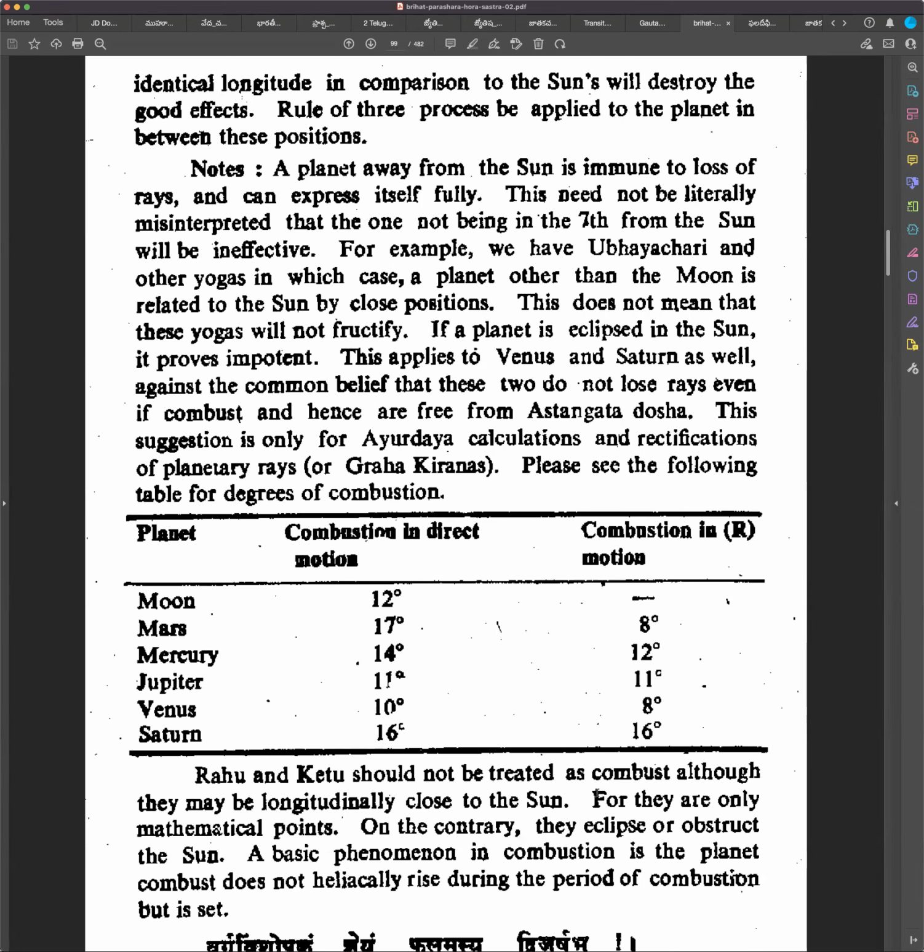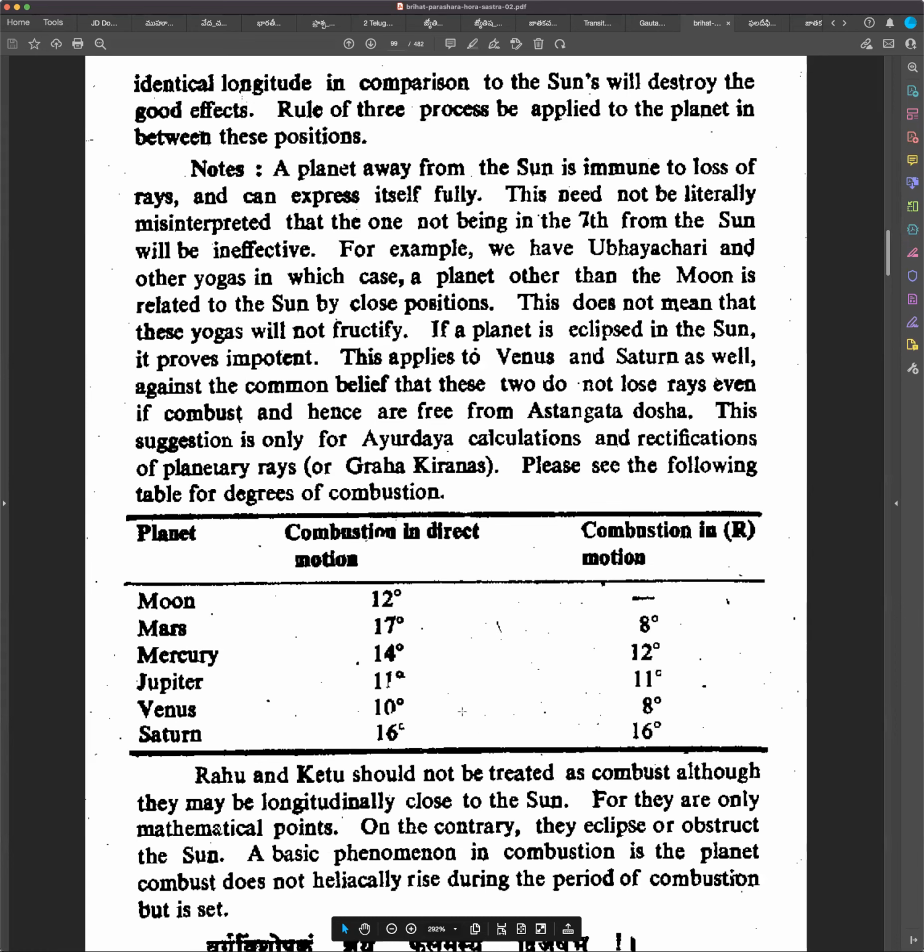So the Sun needs to give. The results of the bhava ruled by the Sun burn the bhavas ruled by the retrograde combust planet. Combustion means it is burning out, whether it is retrograde or straightaway.